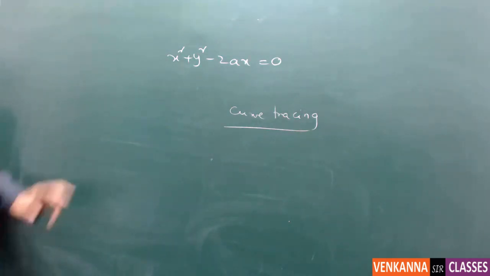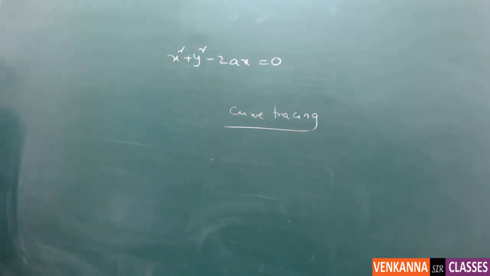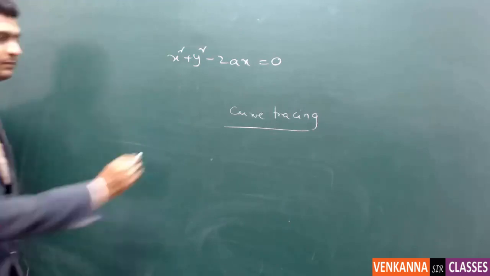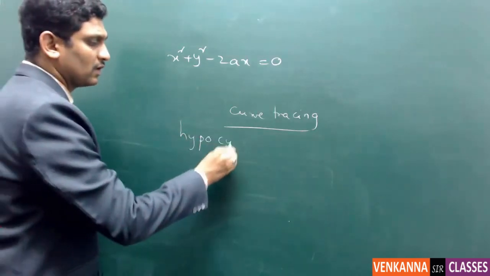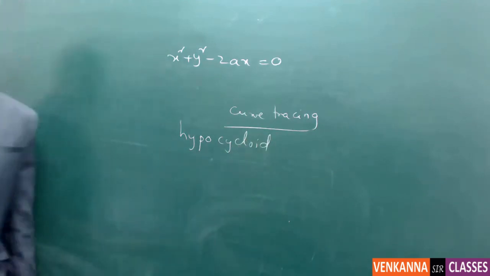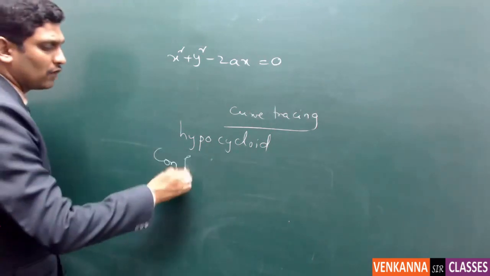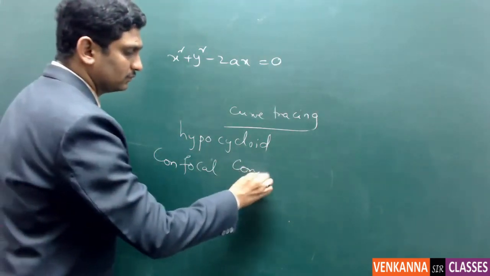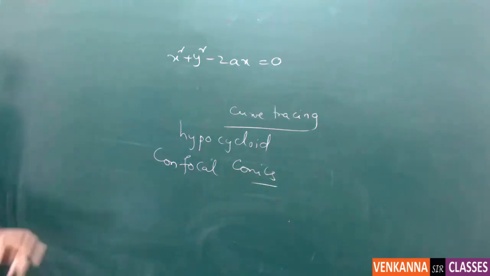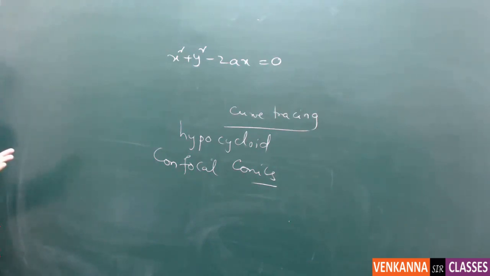There you are going to draw the graph of the curve provided the equation is given to you, and in that mode you are going to get different words like hypocycloid, parabola, confocal conics. Can you get an idea about these words? Did you come across them? Have you heard them?